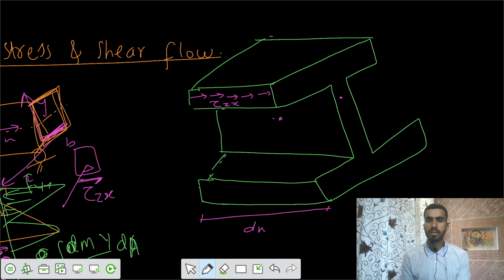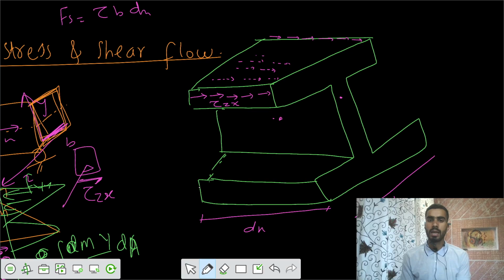Similarly from the other side, that section of the flange would be resisting that shear force, f shear equals tau times b dx. So this is dx and this is your b. Your total shear would be resisted by the whole flange above the point A.